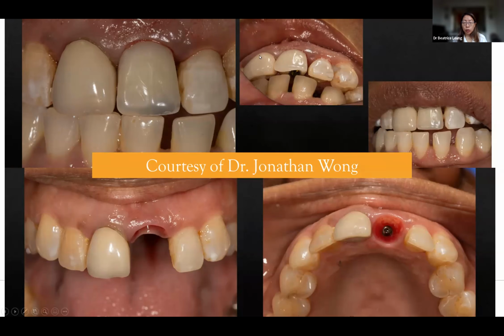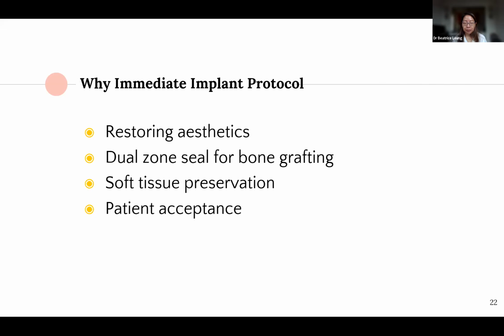He will have to make sure this implant crown is out of occlusion, so it's not going to look very pretty, because in order to make sure there's no pressure on this implant crown, he needs to alleviate the occlusion. So it might mean shortening it a little bit. There's no proximal contact. And once you let it heal, you can see he has a beautiful soft tissue after healing, which he can use to make the permanent implant crown.